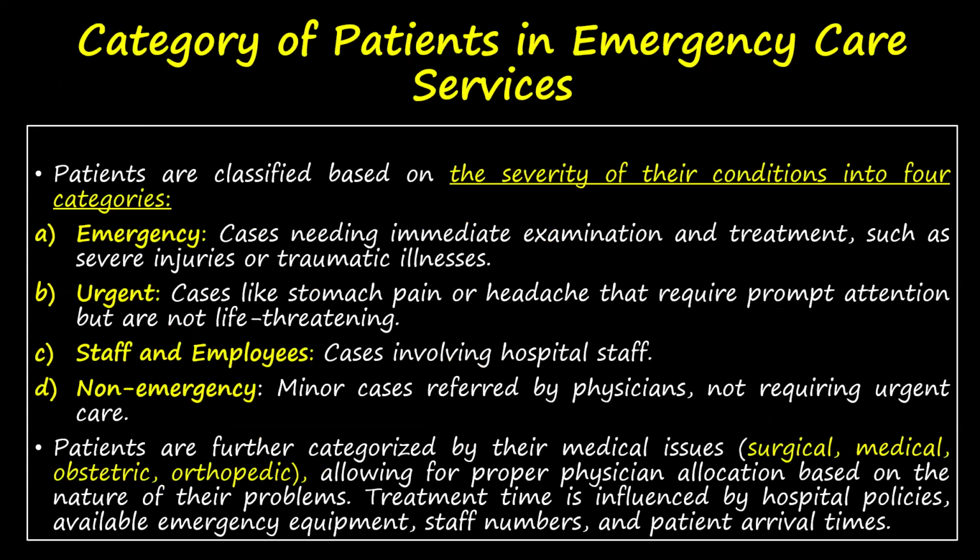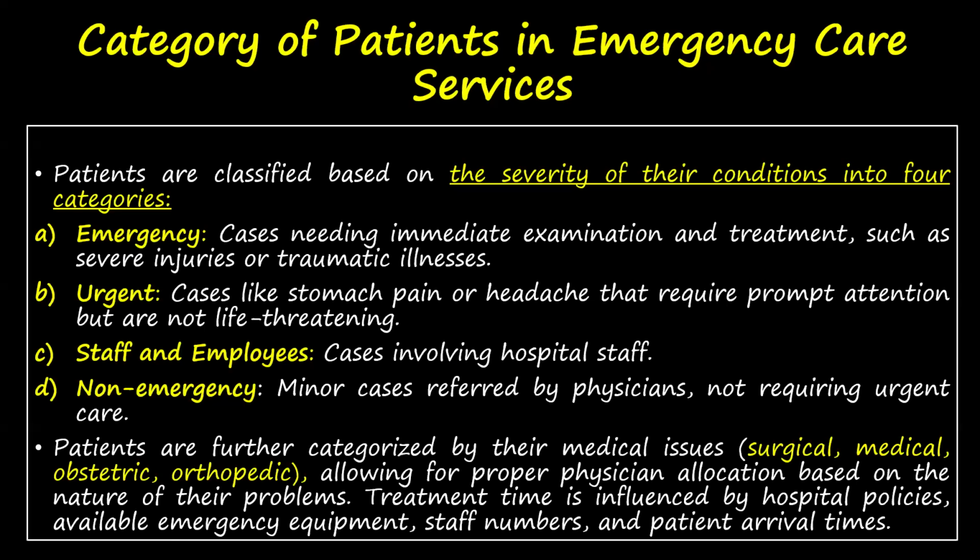Now, category of patients in emergency care services. We had already highlighted this before. Patients are classified based on the severity of their condition into 4 categories. During any kind of emergency, patients are classified into 4.